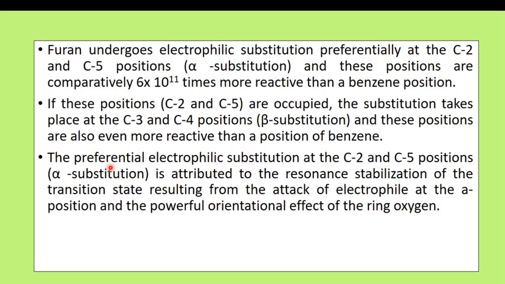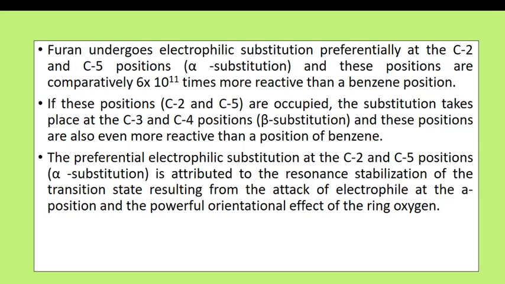The preferential electrophilic substitution at C2 and C5 positions, that is alpha substitution, is attributed to the resonance stabilization of the transition state resulting from the attack of electrophile at the alpha position and the powerful orientation effect of the ring oxygen.